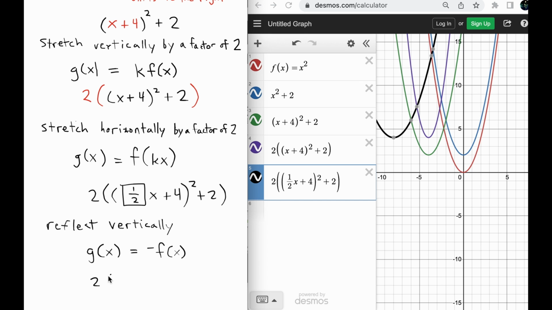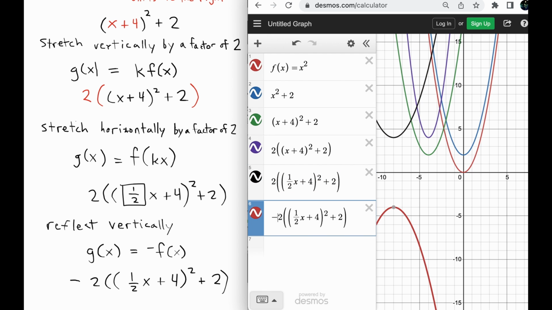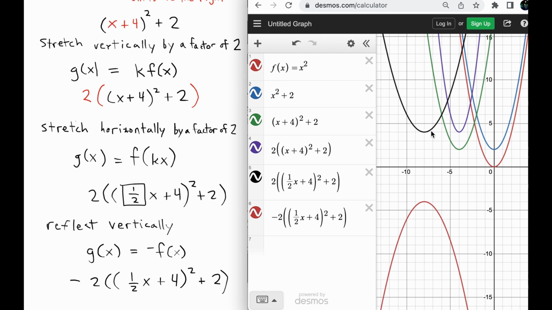So if I start with my function that I had in the previous step, I have to put the negative on the outside of the whole thing. And there we go. We can see that it took the black parabola from the previous step, and it took every point that was above the x-axis and flipped it to be in its mirror image below the x-axis. So that's a vertical reflection, it's called.